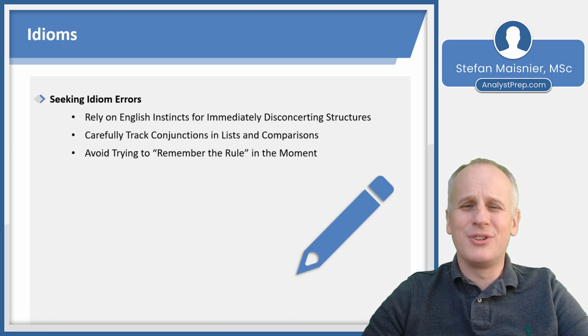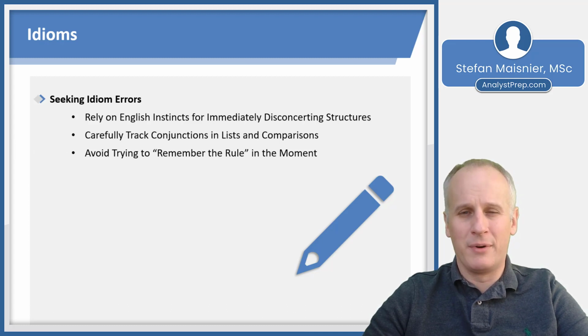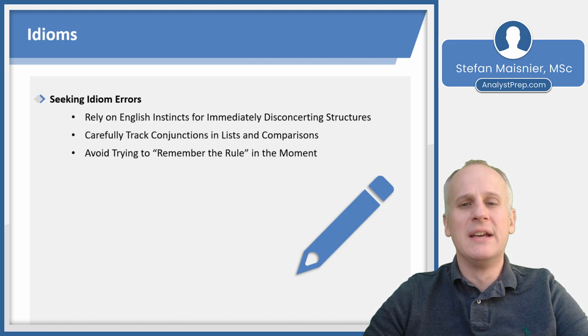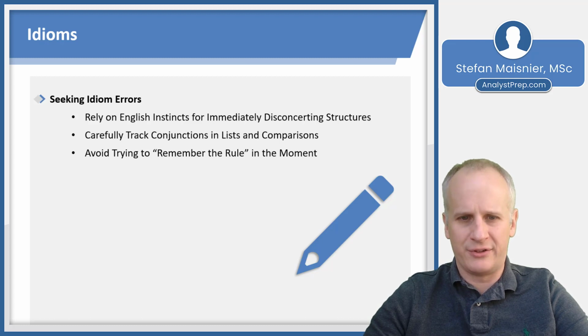And you do just want to try to avoid remembering the rule in the moment because if it's not immediately apparent to you, reaching for it in your mind can often cause you to actually misremember or convince yourself of a rule that isn't actually a rule for English.